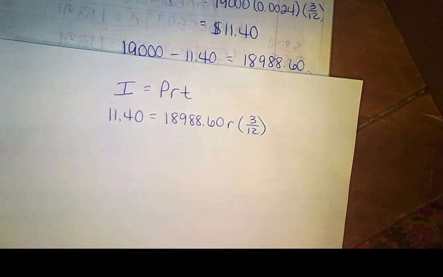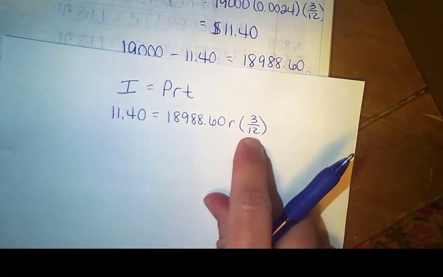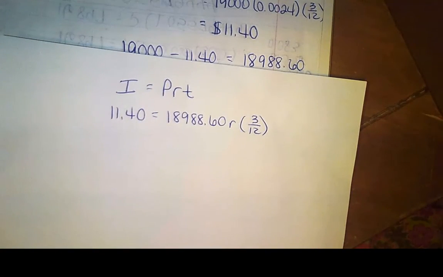I want to know what the interest rate was that I paid, and I'm doing this for 3 out of 12 months. So I'm going to take that $18,988.60 and multiply it times 3 out of 12, which is 1/4, and I get 47.4715.